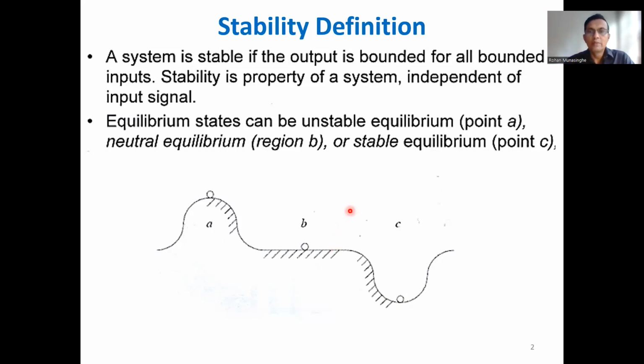So if you look at the mathematical description of stability, a system is stable if the output is bounded for all bounded inputs. This is a different way of defining stability, right? When you give an input, the system changes.